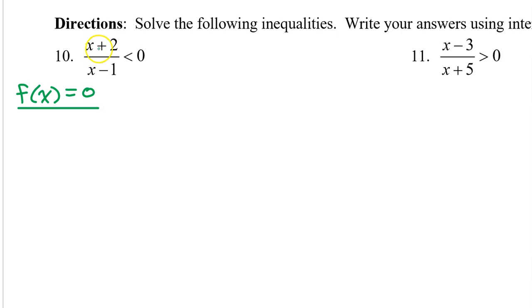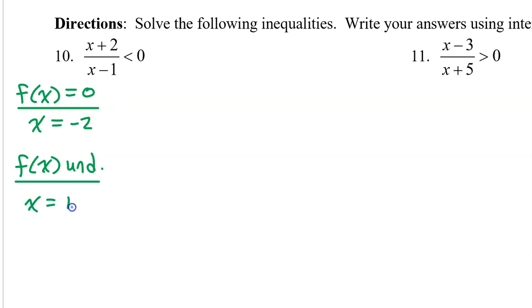A function will equal 0 only where the numerator is equal to 0. So that's at x equals negative 2. We also need to find another critical value, which is where f of x is undefined. A rational function will be undefined where the denominator is equal to 0. So that's at x equals 1.